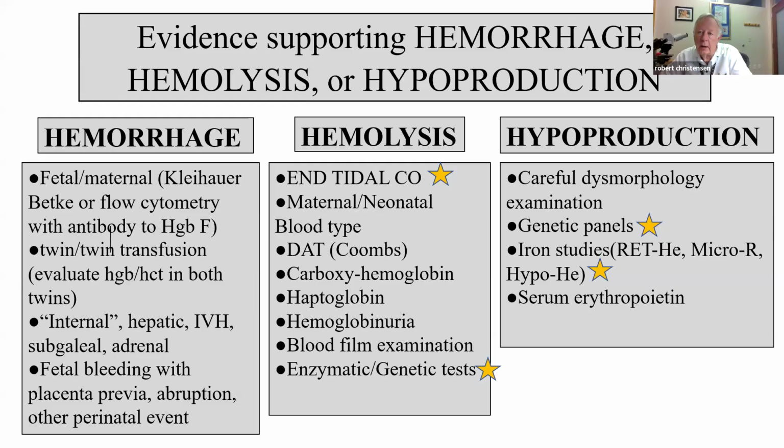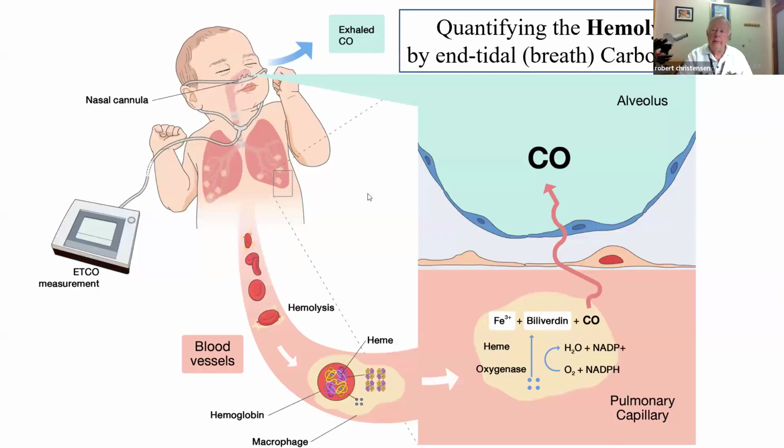For hemolysis, our best test now, in looking at a baby with anemia and asking, is this hemolytic or not hemolytic, our best measure is the end-tidal carbon monoxide. Let me show you briefly how that works if you're not using it yet. This is a device that's basically a carbon monoxide sensor that's attached to the baby through a nasal cannula, a soft silastic cannula.